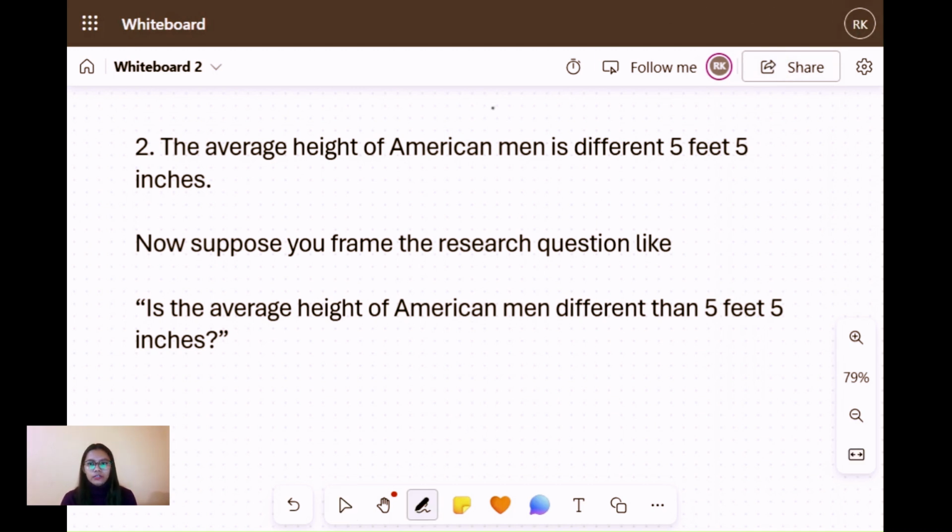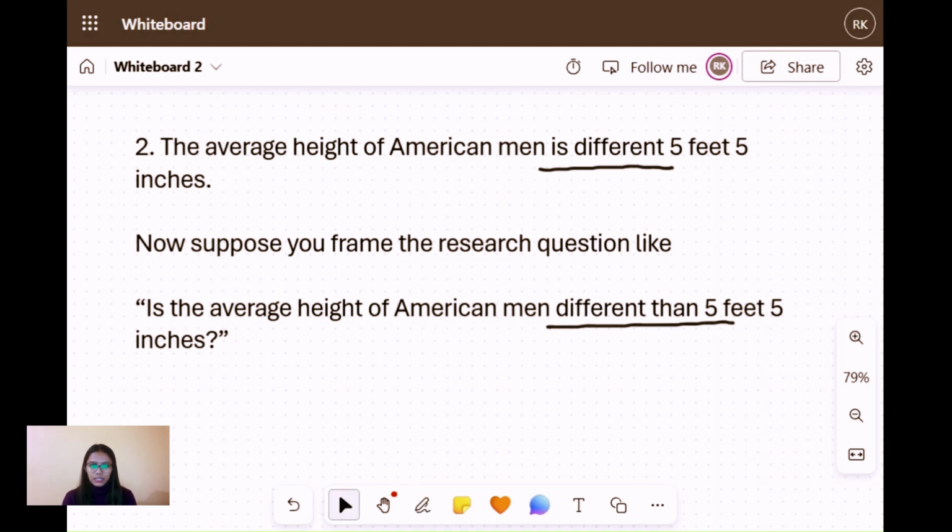The average height of American men is different than 5 feet 5 inches. So our belief here is that American men have a different height than 5 feet 5 inches. It can be less than or more than, so both directions are considered here. Now suppose you frame the research question like this: is the average height of American men different than 5 feet 5 inches? So what is our claim? Is different.